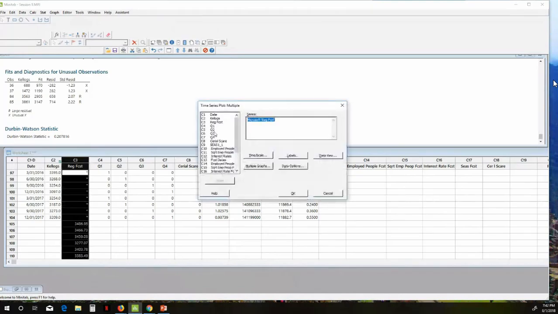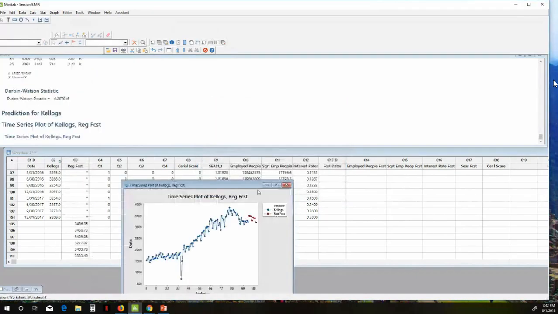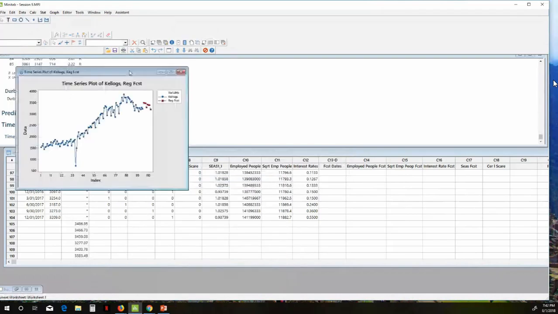We want the Kellogg's revenue, column C2, and the regression forecast that we just calculated. And this is what we get. If I wanted to, I could select that line up there and connect the last observation of the data with the first observation of the forecast values. Okay, and that is it.